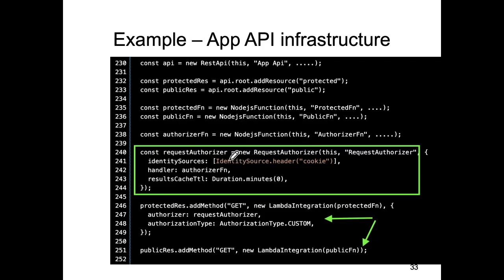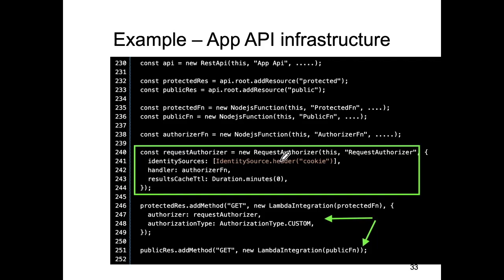And you can see what I'm giving it here are, I guess you would call it, configuration settings for this new L2 construct, this request authorizer. The purpose of the first property here is to tell the request authorizer where it can find the token that is included in a request.